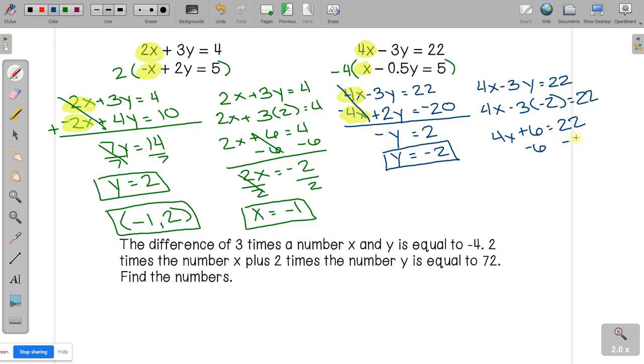Subtract 6 from both sides. We get 4x equals 22 minus 6, which gives us 16. Divide both sides by 4. x equals 4. And our solution would be our coordinate point (4, -2).